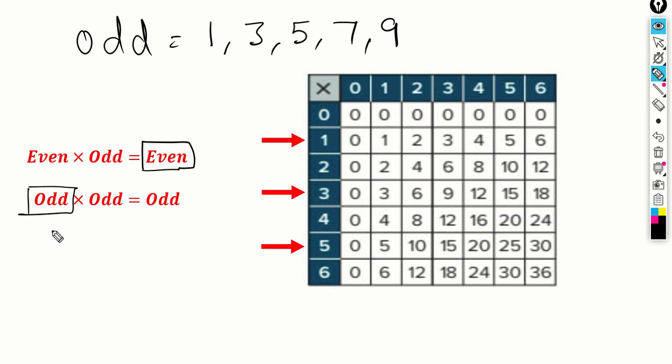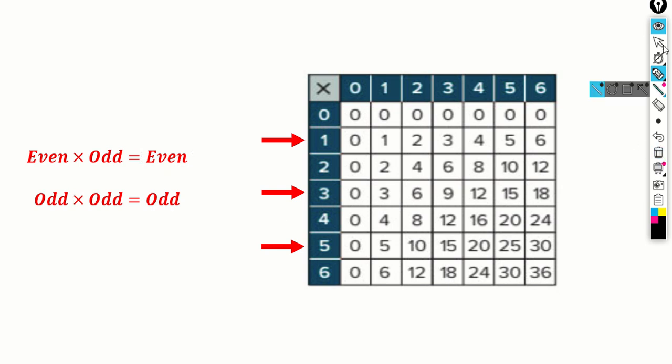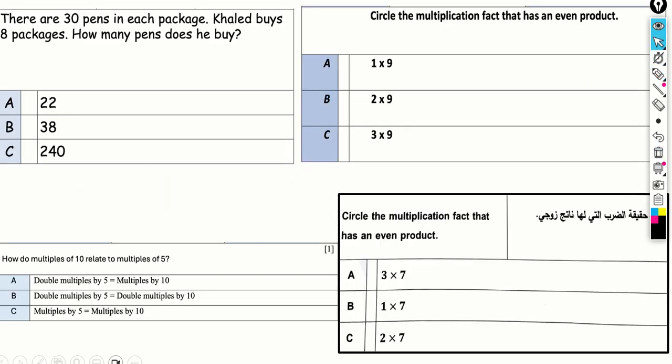Okay, let's take an odd number, 3, times another odd number, 5. 3 times 5 will give you 15. So is it an even number? No, this is an odd number. So that's your answer. Let's move on.